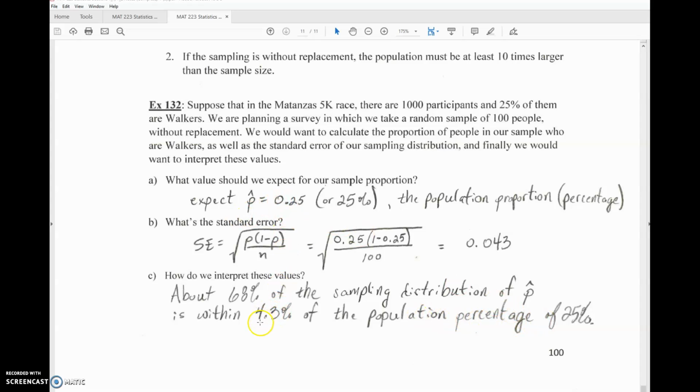So 4.3%, one side or the other, about 68% of our samples. If I were to do over and over and over again random samples of 100 people, though we only take one, and I plotted all the p hats I got, about 68% of those would be within 4.3% of the true population percentage of 25.